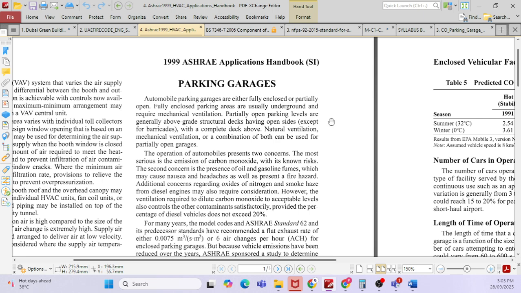Partially open parking levels are generally above grade structural decks having open sides. Sometimes people may not install any forced ventilation system, or they may go for jet fans just to make that space clear. It is not actually forced ventilation. Jet fans will clear the smoke from that particular space. So that we will discuss.